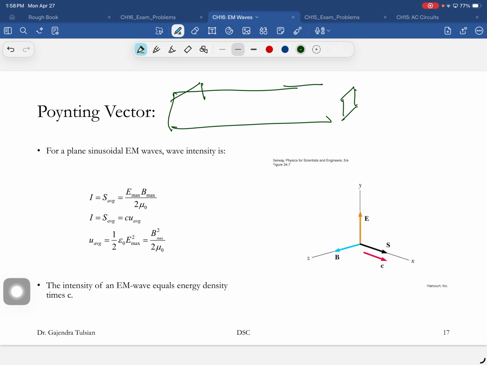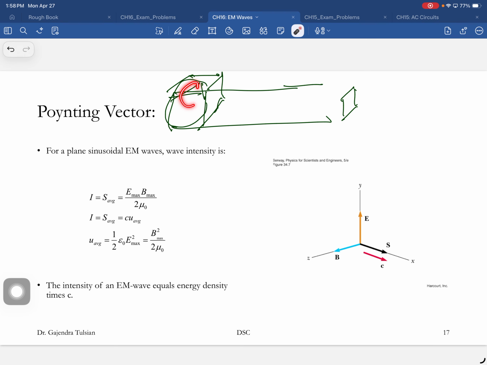And if it reflects, then you transfer twice the momentum. So the momentum carried by a beam of light whose energy is u is that much. If the surface reflects, the momentum transferred to the object is twice as great.